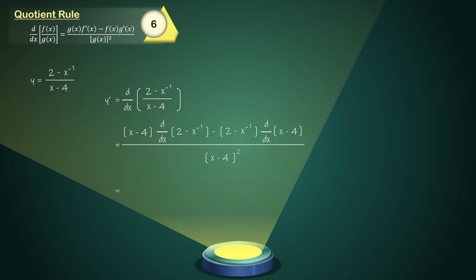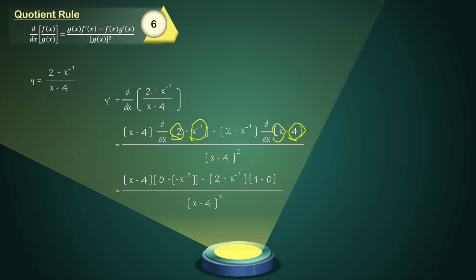Continue. x minus 4 times the derivative of 2, which is 0, minus the derivative of x raised to negative 1, which is negative x raised to negative 2, minus 2 minus x raised to negative 1 times the derivative of x, which is 1, minus the derivative of 4, which is 0, all over the denominator.